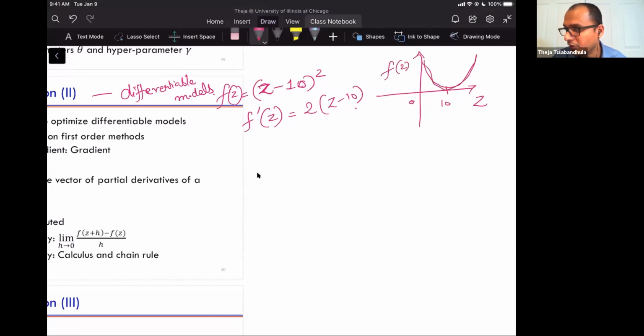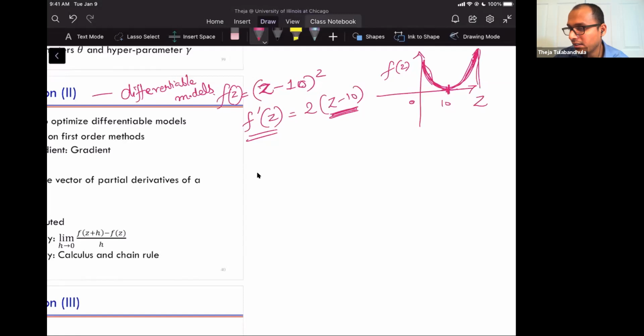For folks who did calculus a long time ago, this may be roughly in your heads: f of z is basically a parabola, and f prime of z is a derivative. It's just saying how quickly f changes at different values of z. When z is very far away from 10, f changes very fast, because it depends on z.